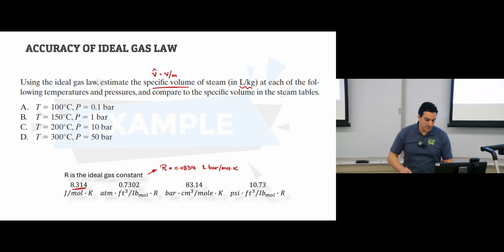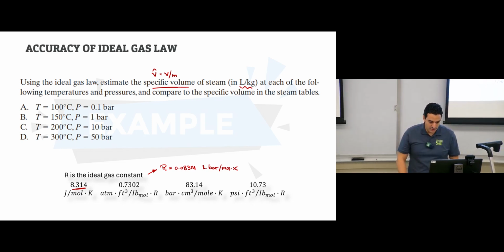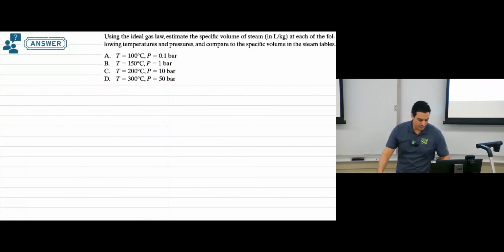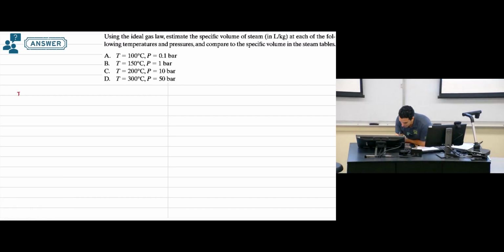Okay, let's try to solve this one and see what steps you can follow. Let's start solving the first one. Here in this example, we have the ideal gas law, and we know that it's PV equals nRT.